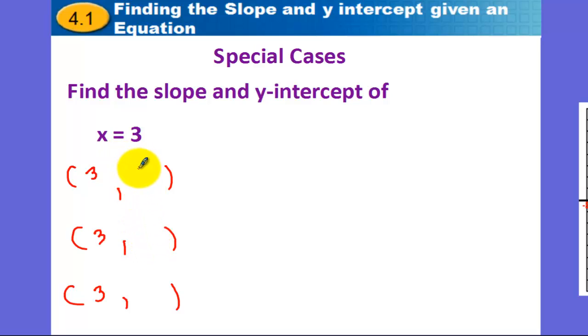So we can say my first y value can be -4. Let's say this one is -1, and then we can say this is 2. If you want to have another point, as long as your x is equal to 3, that's okay. Let's say 3 comma 5, for example.